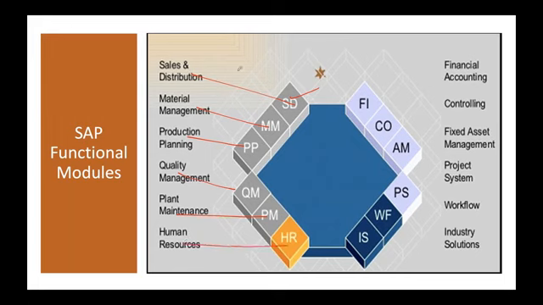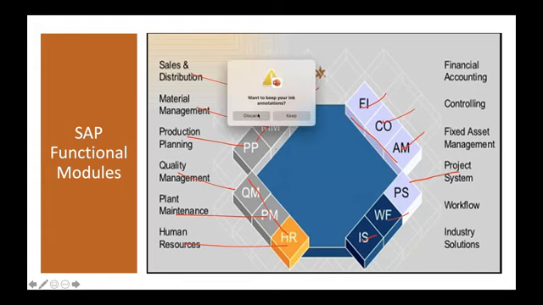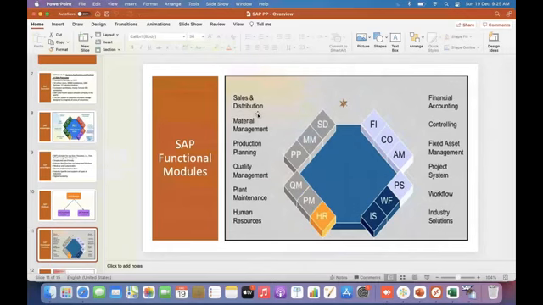Then you have project systems, PS, and these are the finance ones: FI, controlling, asset management. On top of that you have workflow and industry solutions. So basically these functional modules will take care of the respective business processes. Suppose you see here what we discussed.